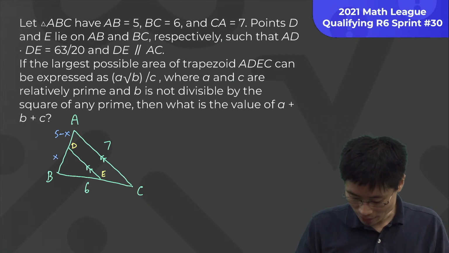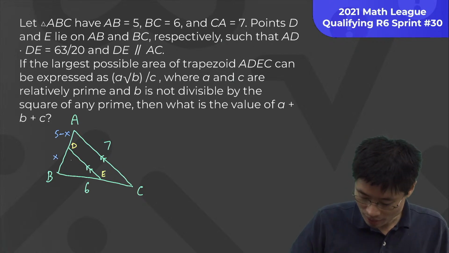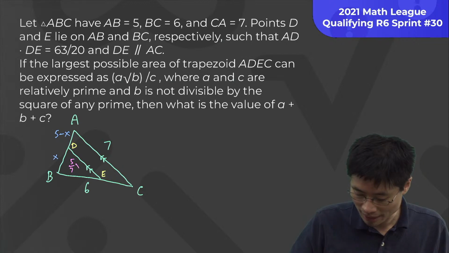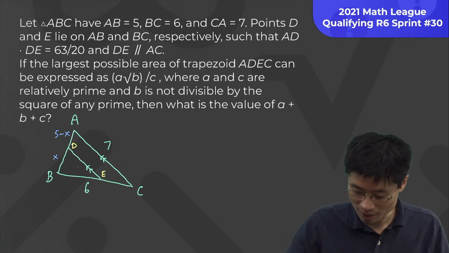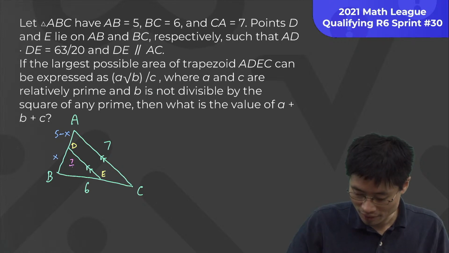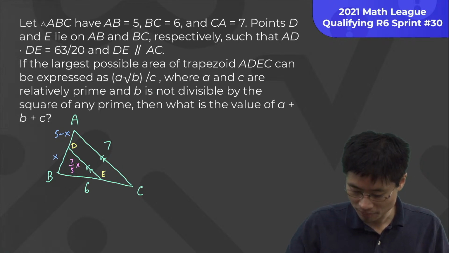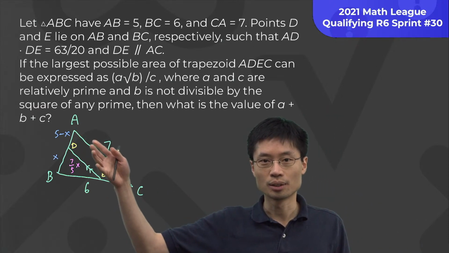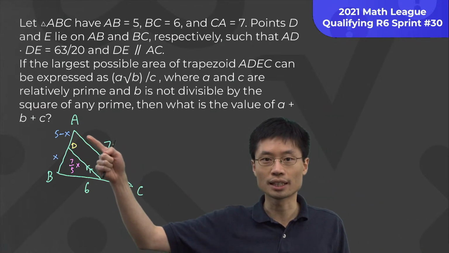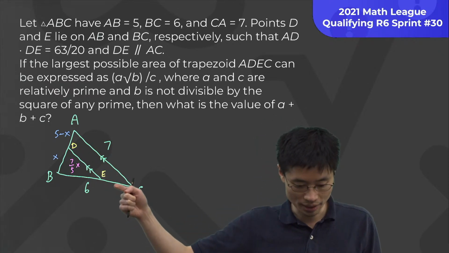So that means I now know that this thing is going to be x over 5 times 7. Let's call it 5 over 7 times x. Wait, what did I just say? No. It's x over 5 times 7. That's 7 over 5 times x. Okay, good. So now I need to get that 5 minus x times this 7 over 5x.